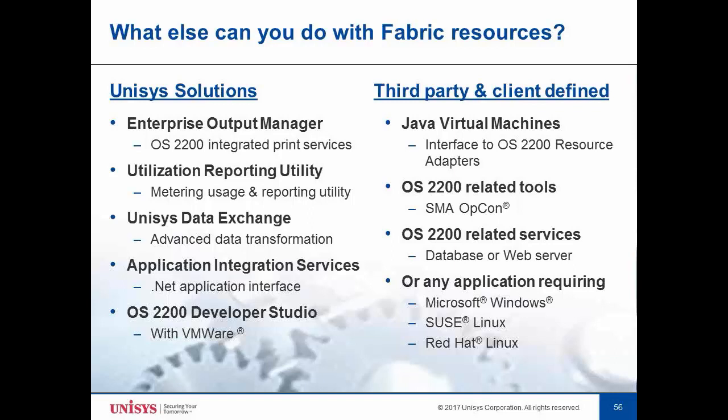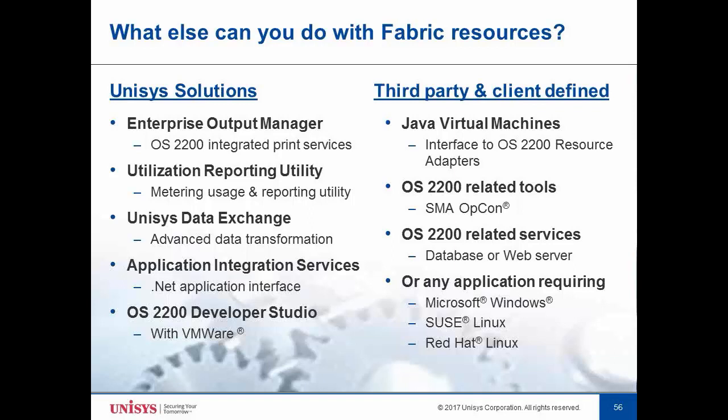Unisys Data Exchange is another product that would be well suited for an OS 2200 implementation. It allows data transformation between the Dorado databases and standard databases that would then run within the fabric, but the data exchange product would work well within that capability.